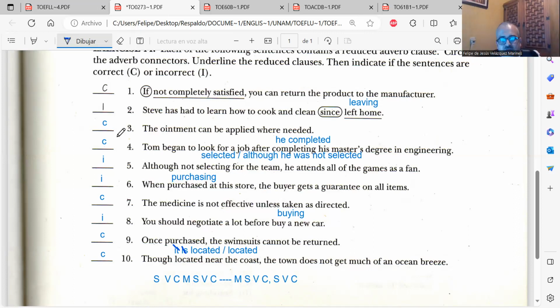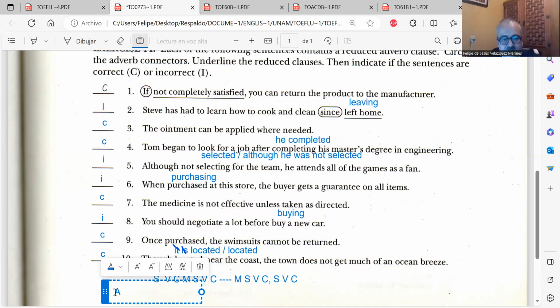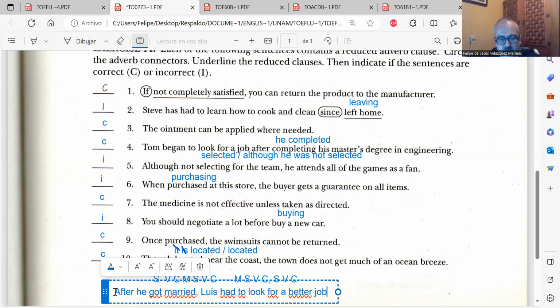Okay, let me tell you another example. After he got married, Luis had to look for a better job. Yes. What is the repetition here?